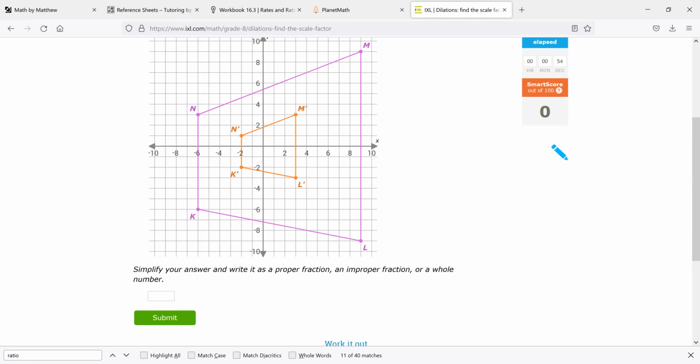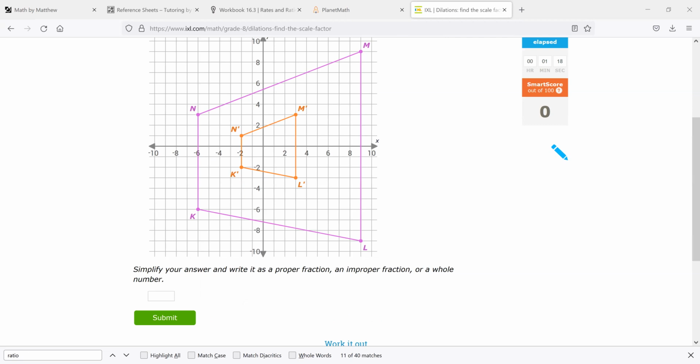So one of the things I think is important to do is to write the ordered pair. So can you tell me this ordered pair here at M prime? Can you tell me the numbers to get there? How many right and how many up you go? K, N, M, L. Nope, no. If you're starting at the origin, how many right do you go?